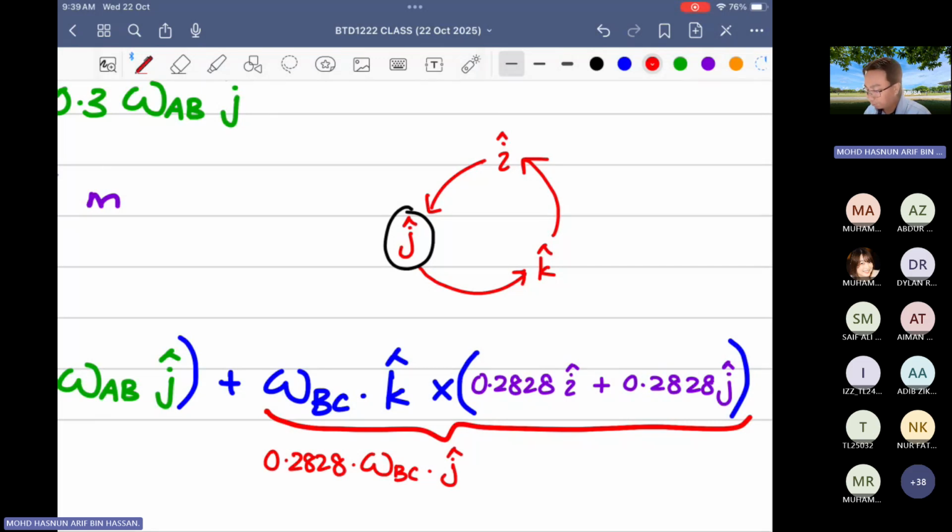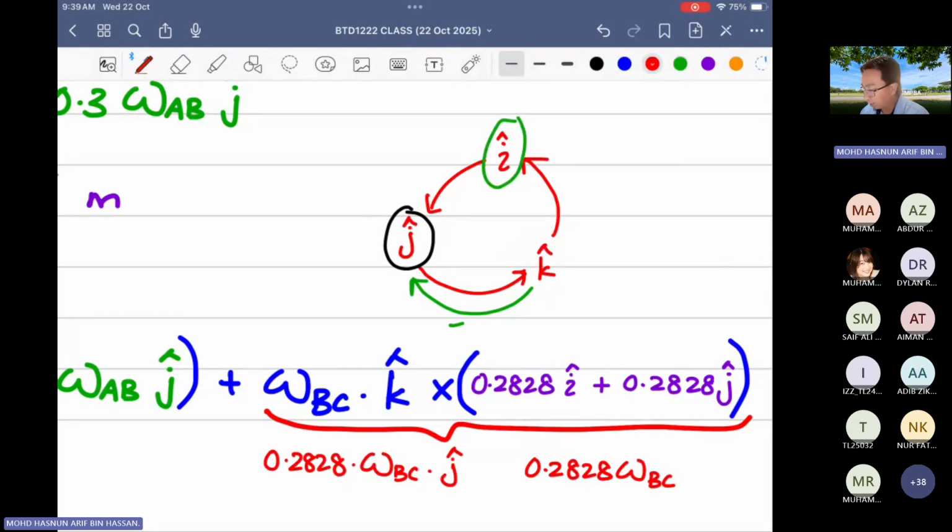The second part is omega BC and 0.2828. So let's write that down: 0.2828 omega BC. And then we have k cross j. So k cross j will be going in this direction, which is negative, and will give you i.